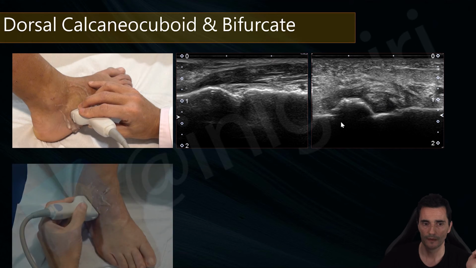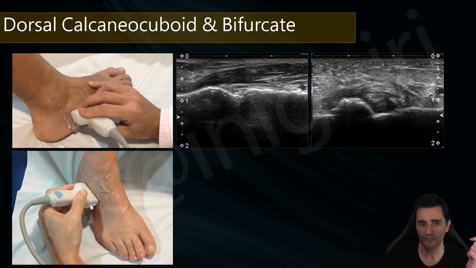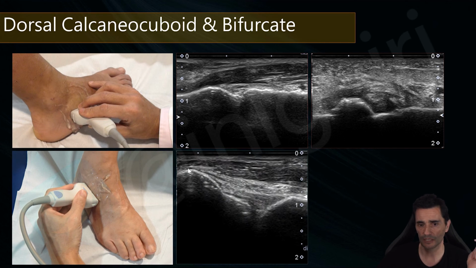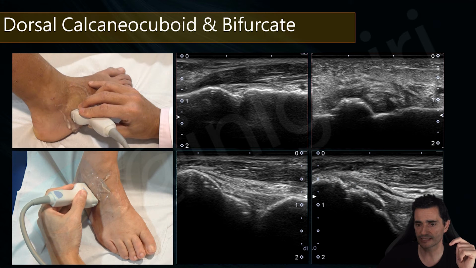Okay, and another patient, we check slightly upwards, different levels. This is the calcaneus, this is the cuboid, so we are in the bifurcate ligament, and a classic example of this thickened ligament here with this bony avulsion, very common.